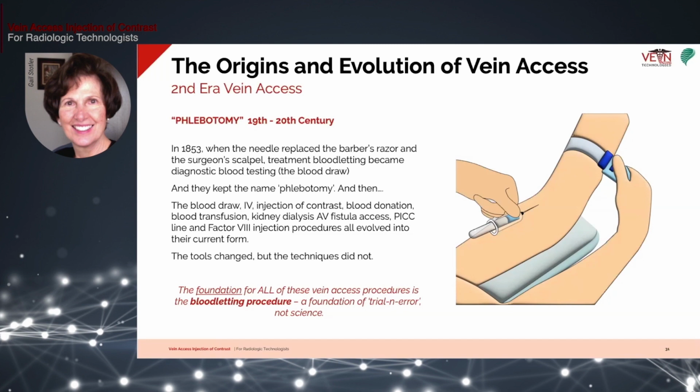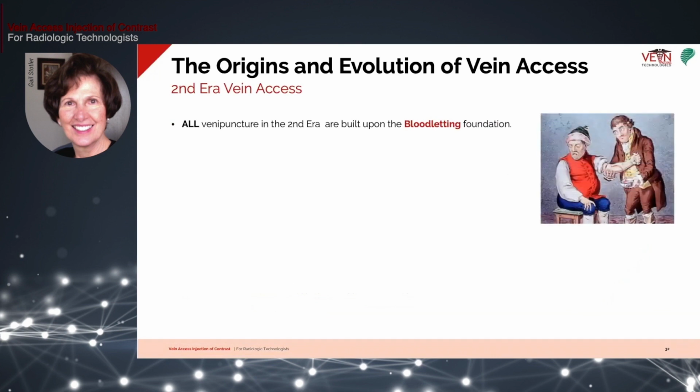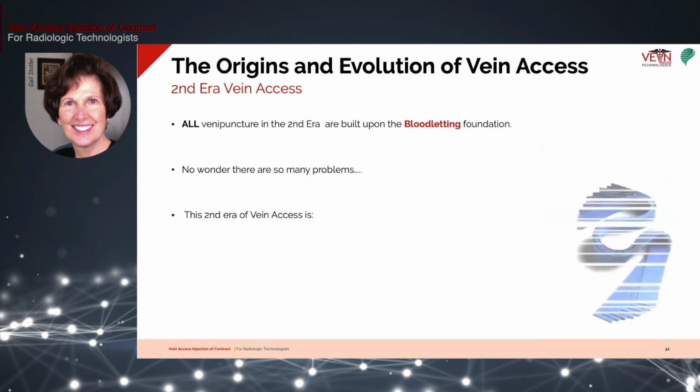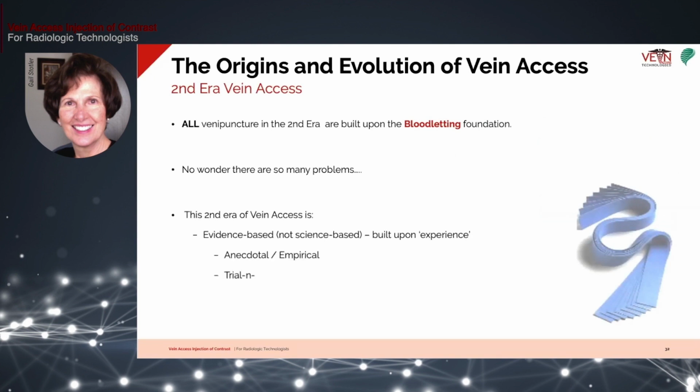Okay, so the foundation then for all vein access procedures, all venipuncture procedures, were built on the bloodletting procedure. So no wonder there are so many problems. All venipuncture in the second era is built upon the bloodletting foundation. And this second era then became also a trial and error, just like bloodletting was.